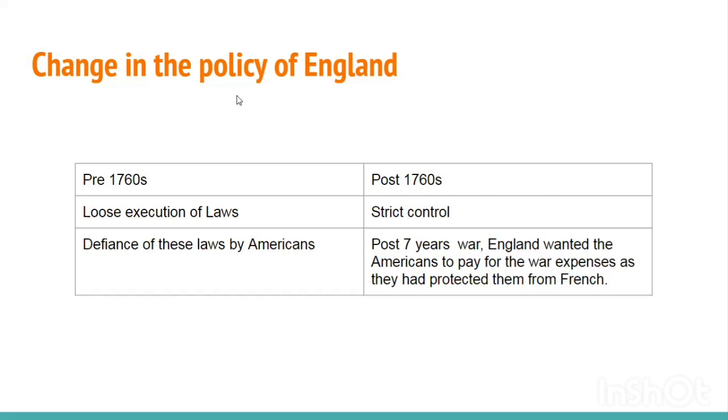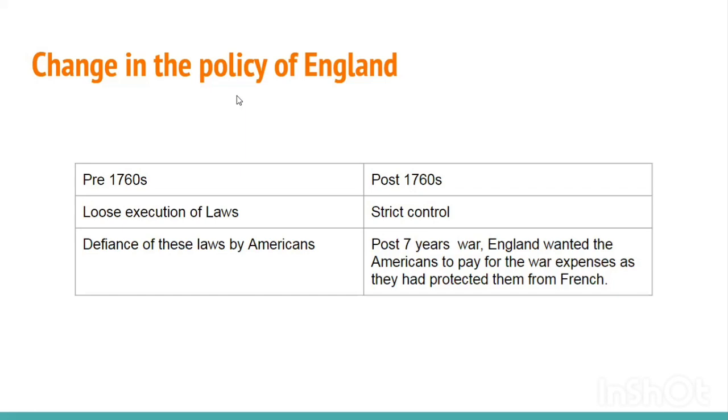Especially after the Seven Years' War, the British attitude was that we have protected the colonies from the French problem, and as a result, the colonies are liable to pay for the war expenses. They said, we have saved you from the French issue, from the clutches of the French, we have protected you.